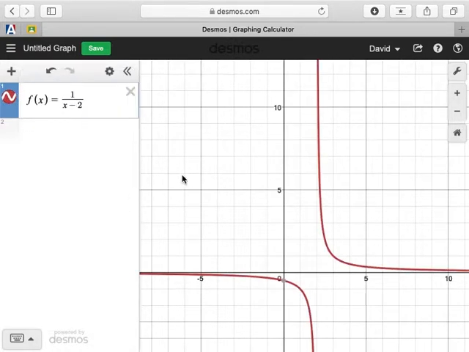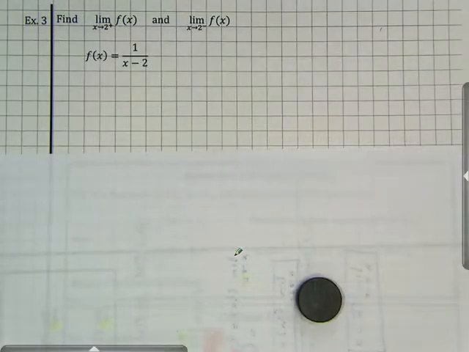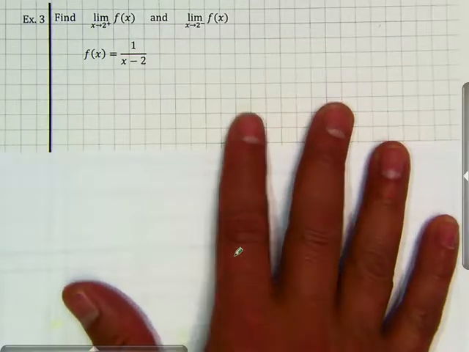So that's what it looks like. So therefore, I need to be able to find the right-hand side limit and the left. So let's go and start.